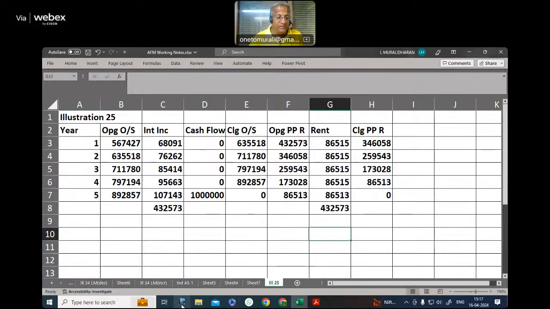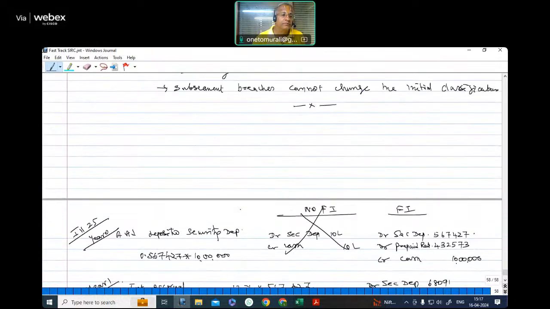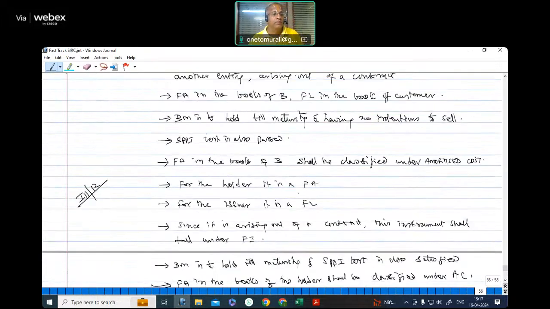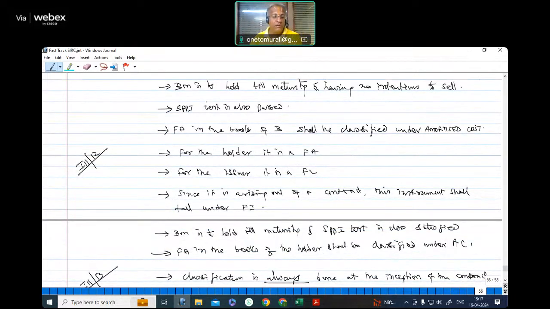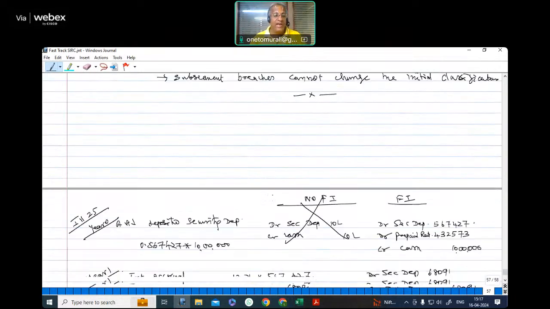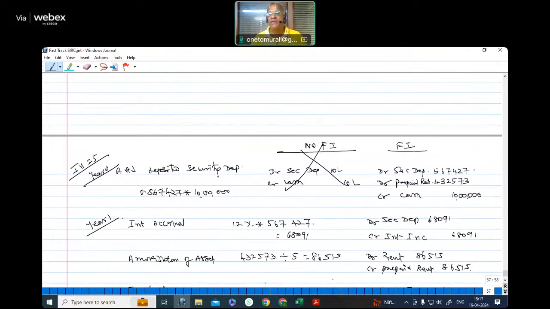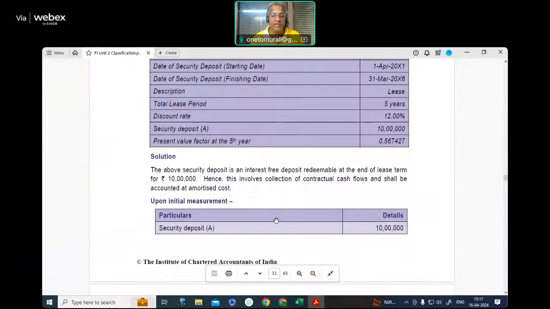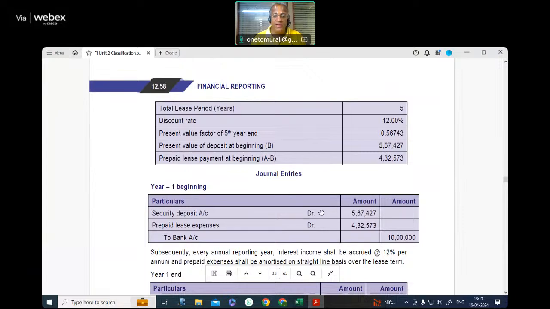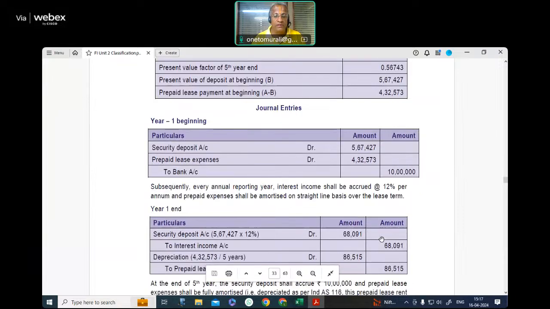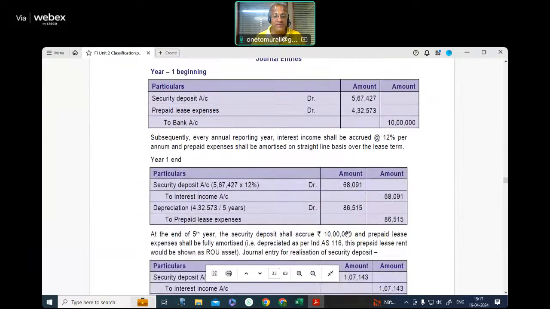So we have just done problem number 3, illustration number 3, illustration number 12, 13, and 25. 25 just done with the help of Excel. Now let us just see what they have given in the problem. So prepaid lease expenses, interest income, depreciation.